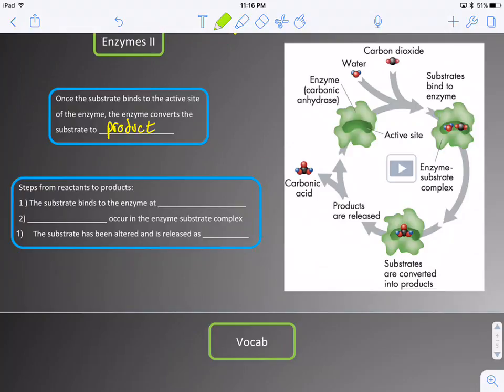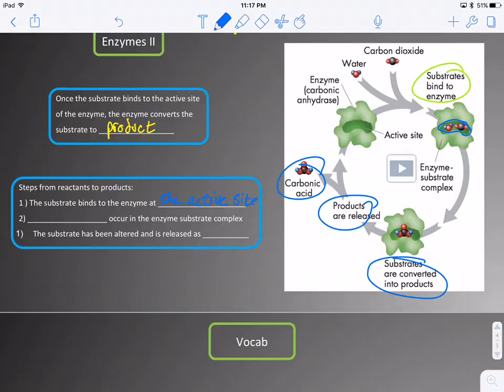We have these substrates that bind to the enzyme, and that's actually going on right in there, okay? The substrate becomes converted into product, and then the product is released, okay? And so the steps that I want you guys to know is that the substrate binds to the enzyme at the active site.